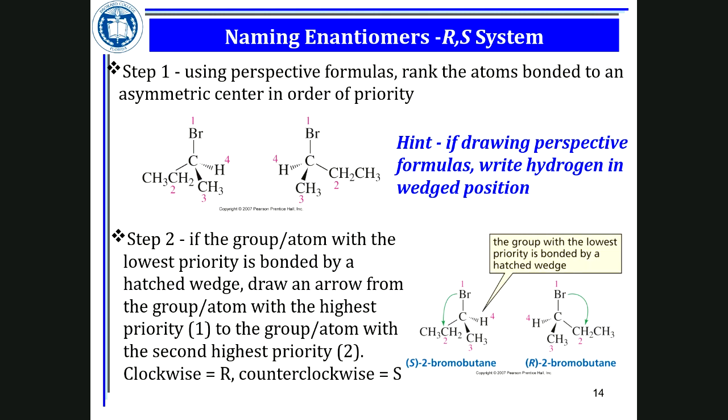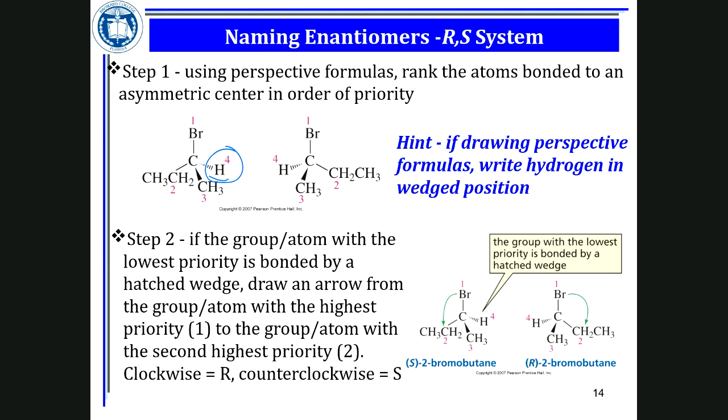You notice that here we are showing hydrogen with the dashed line. A dashed line means it's going away from you, because that is the rule. If hydrogen comes toward you, then the configuration is going to be opposite. If you don't have hydrogen attached to your chiral carbon, the group with the lowest priority must go away from your view.